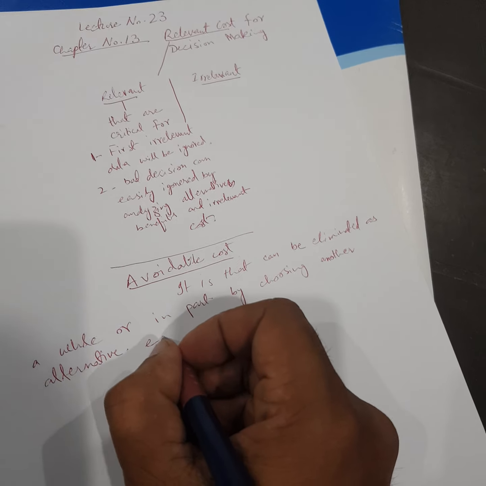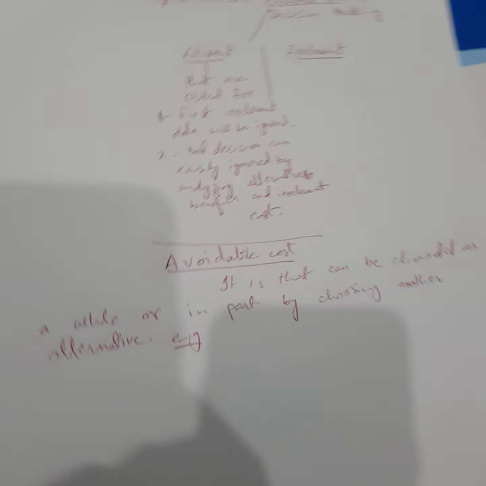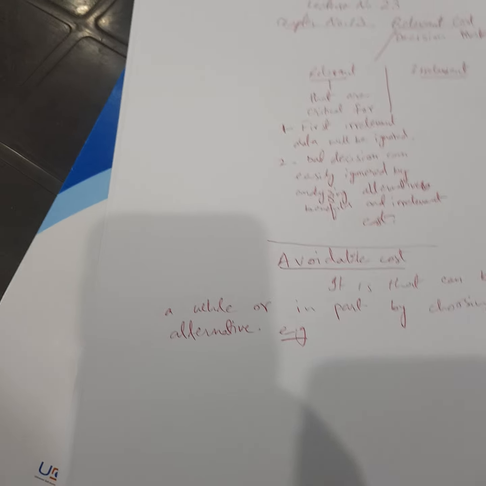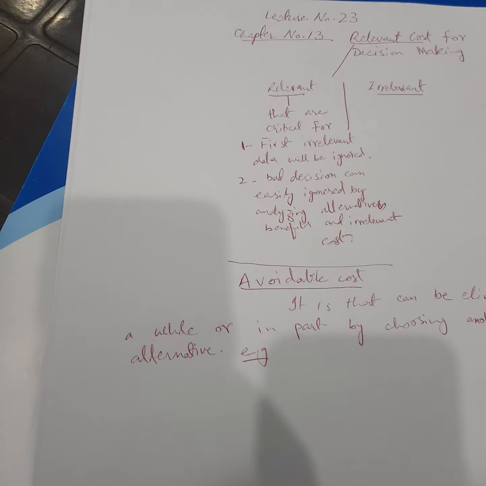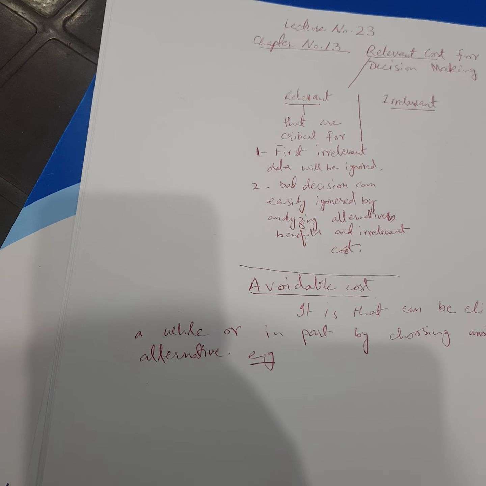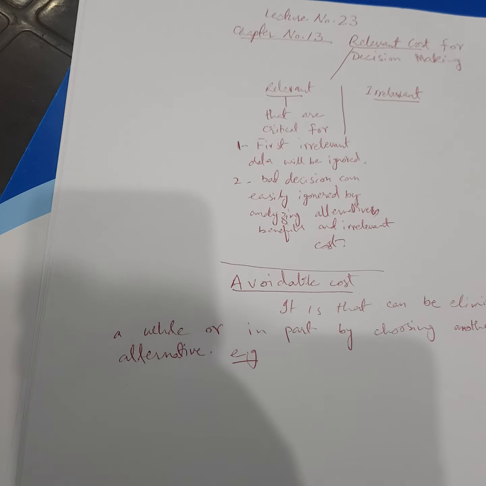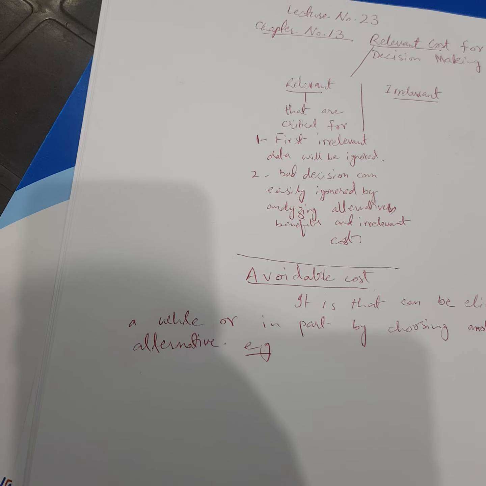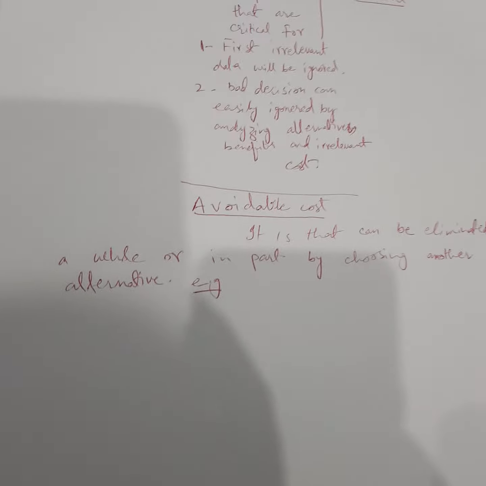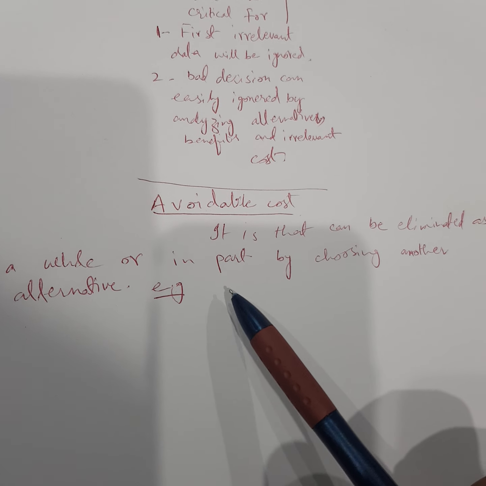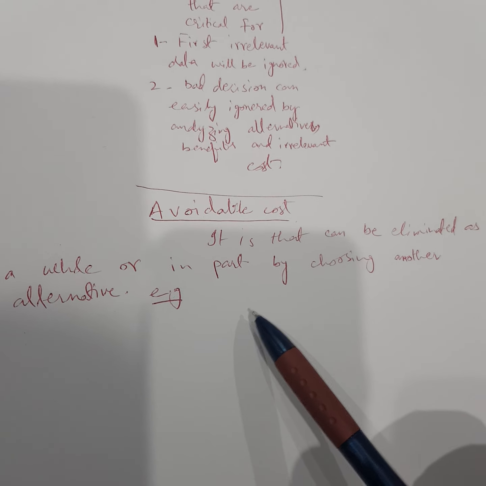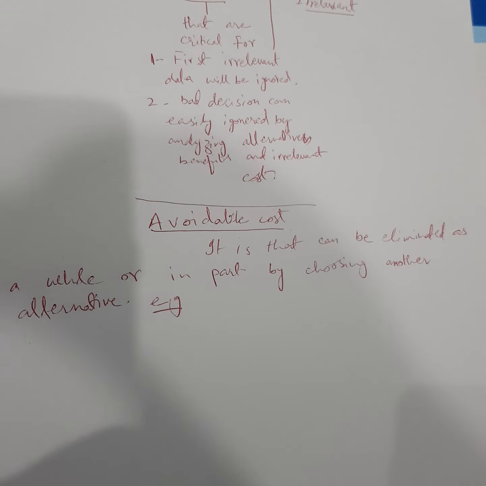The example of the avoidable cost is that instead of going to the movie to watch it, if we get a DVD of the same movie on rent, it will save our time, it will save our cost, and definitely the cost margin between going to the movie and seeing it on rent is different.